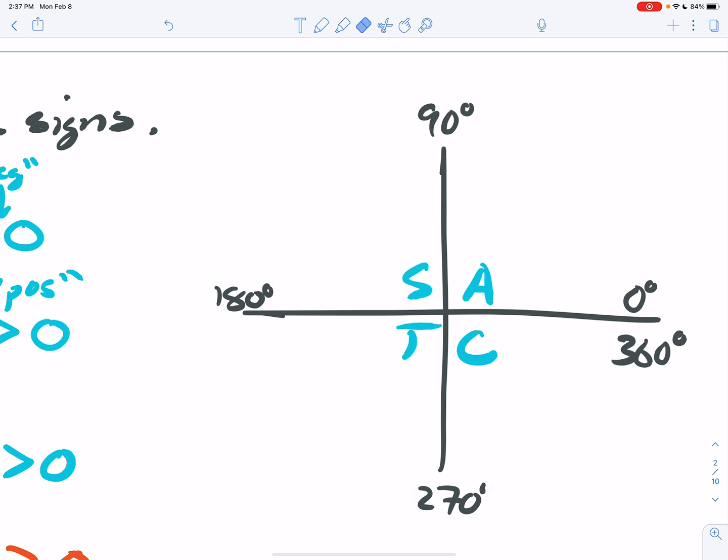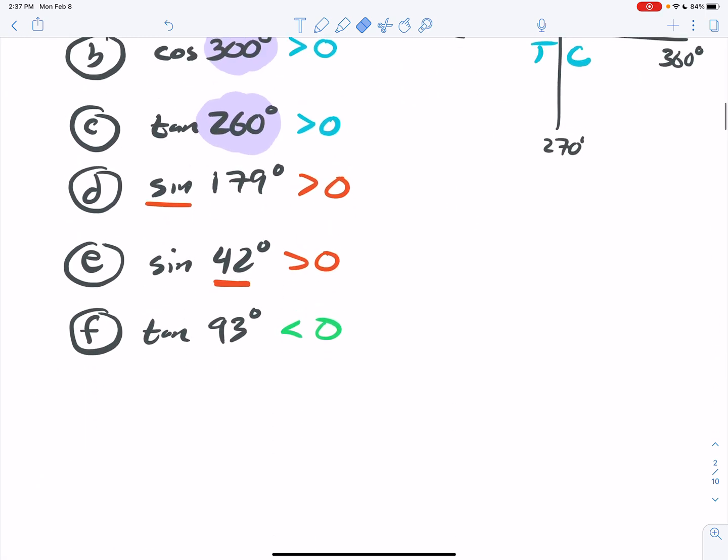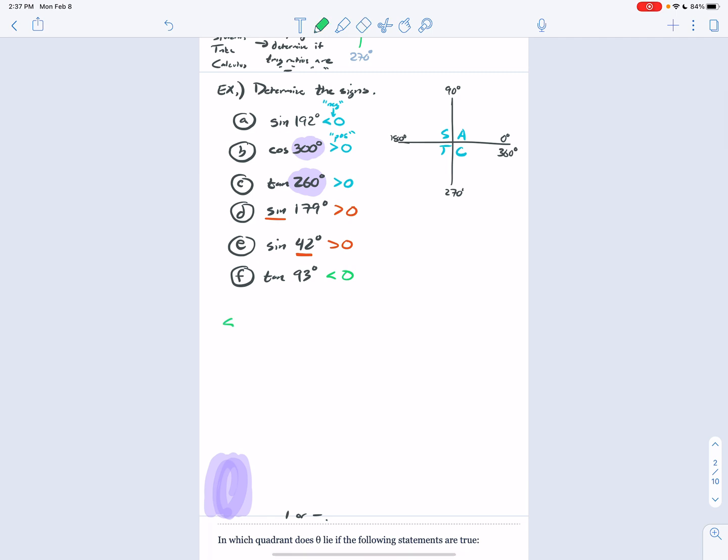If I were to tell you the function sine, right? Think about the sine function. Let's think about this a little bit backwards now. Sine will always come out positive when, okay? So I'm going to write this out so that you guys can see it. Sine will come out positive in quadrants, and then you guys fill in the blank.